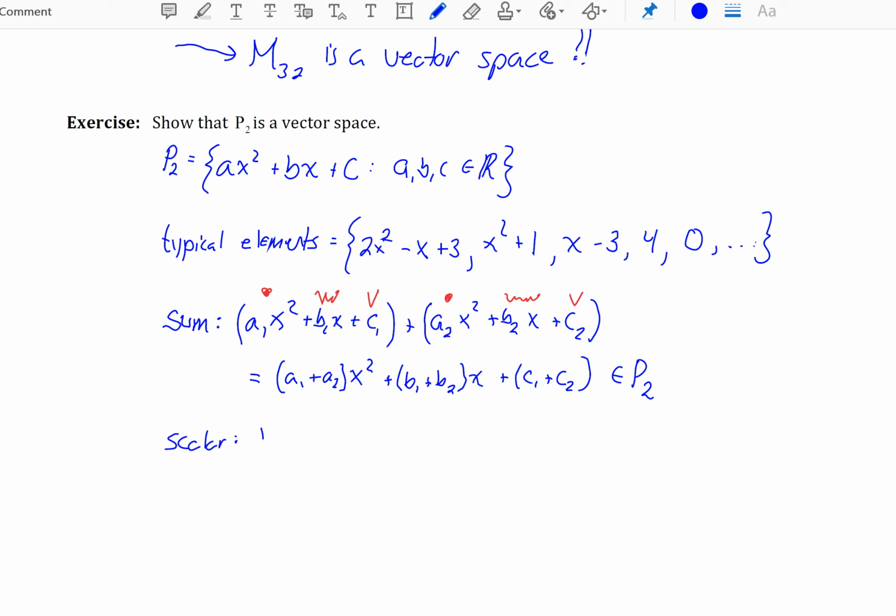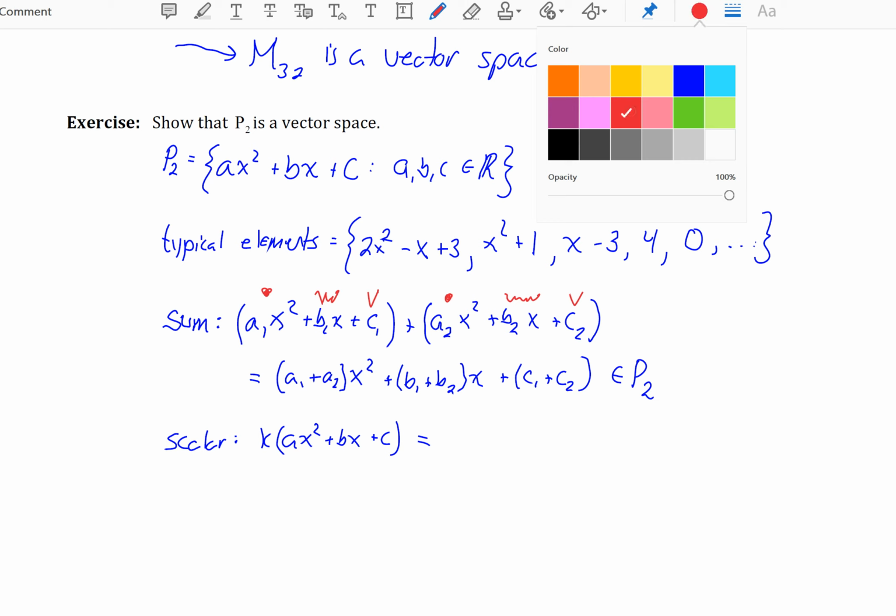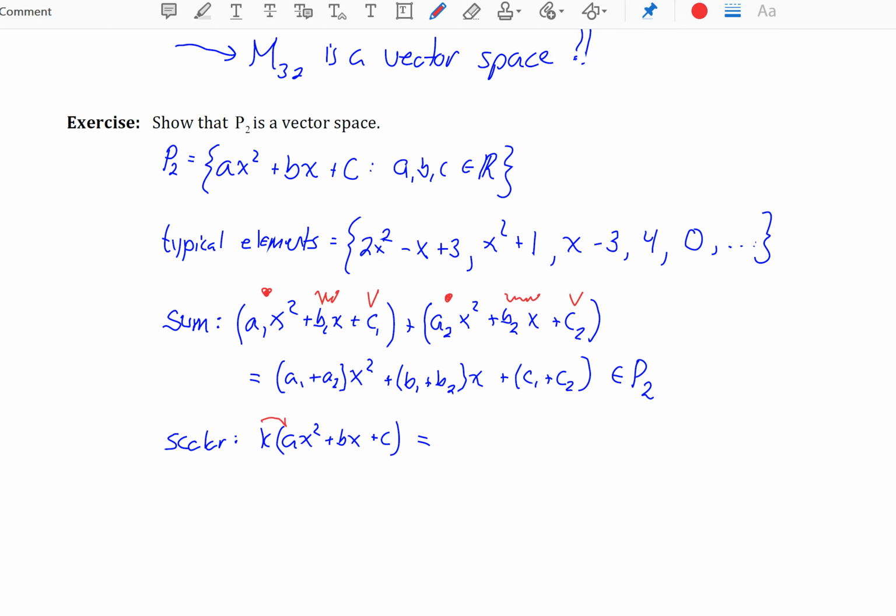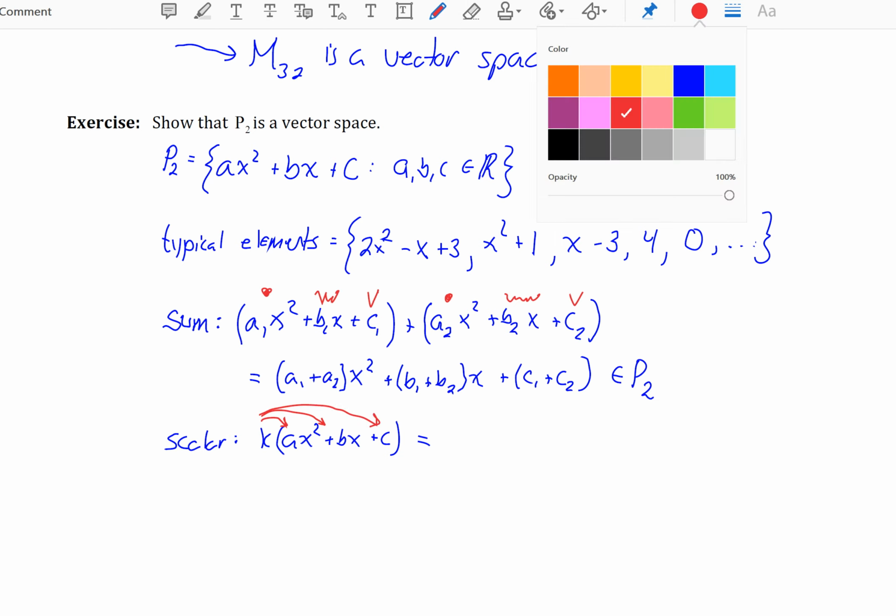If you looked at some scaled version of an element of P2, here you'd probably want to distribute your constant k to each term in your polynomial.